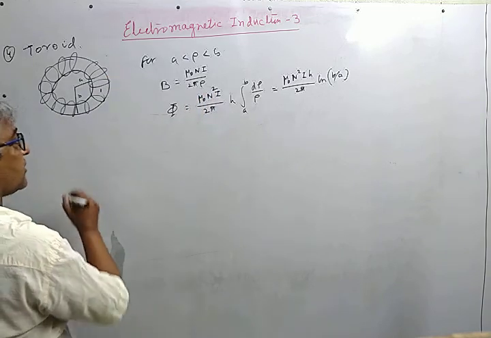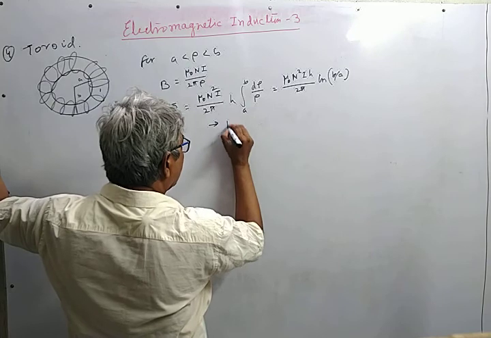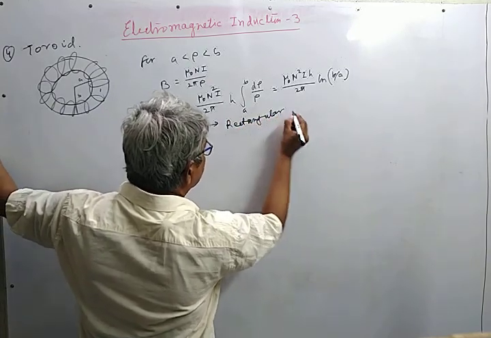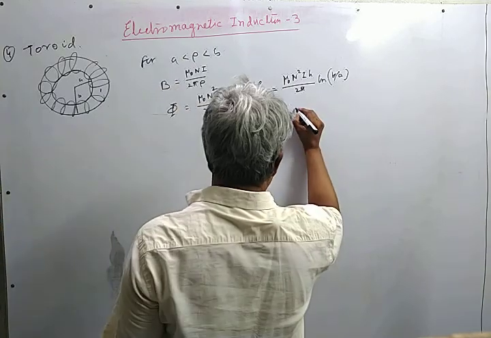So this is for a rectangular cross-sectional area.